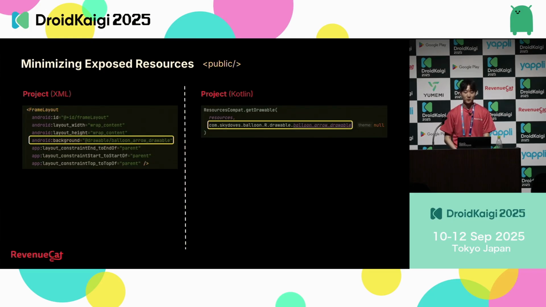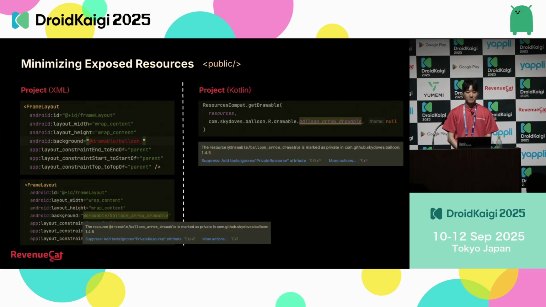So let's see an example. If you don't specify any resources with the public tag, the library users can access and use all of them in their project with the IDE's auto-completion feature. But if you limit the exposed resources, Android Studio will not auto-complete the resources that are marked private.